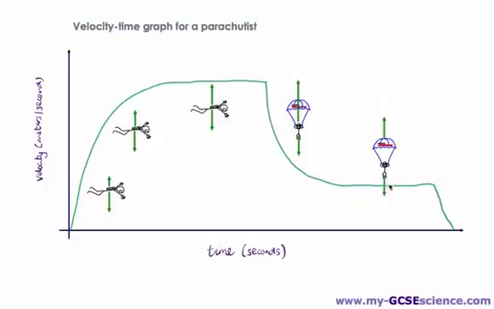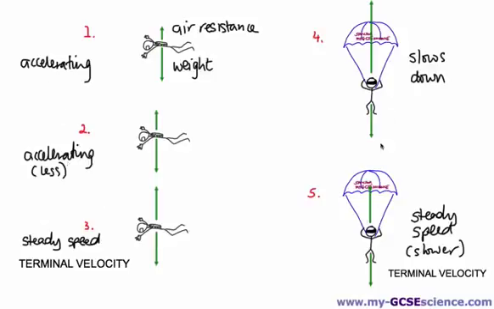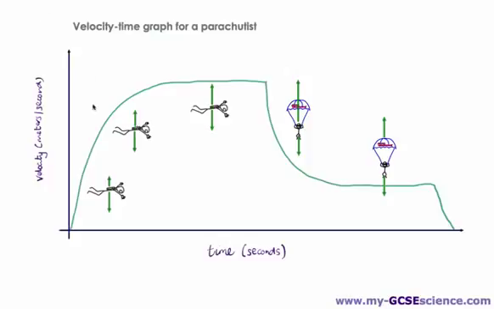And in the last one, we've got equal up force and equal down force, and therefore the parachutist is now going at a steady velocity for a while, enjoying the journey for the last part, and then eventually hits the ground. So again, it's just adding what we did on the previous slide, so what's happening at different parts of the journey over here, to a graph of the journey, and you should be able to explain what's going on at the different parts.